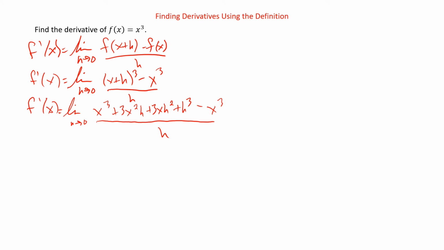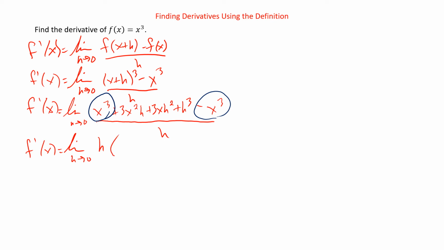So now we can start simplifying. Looking at the top, we have some like terms. We have x cubed minus x cubed. Those will end up canceling each other out. And then what else? Like, what does all the top now have in common? They all have an h in them. So let's factor out an h. F prime of x equals the limit as h goes to 0 of h.